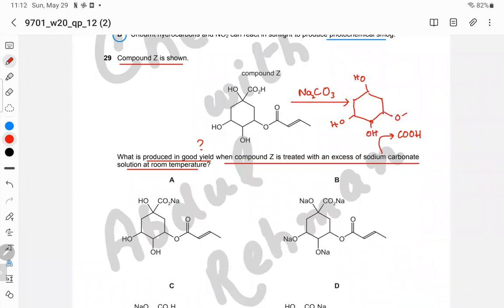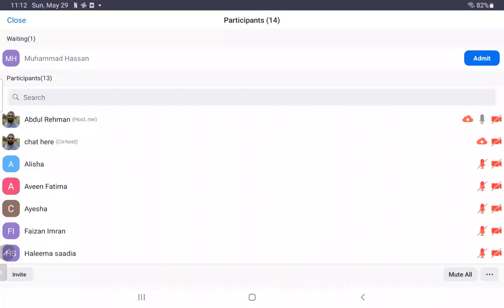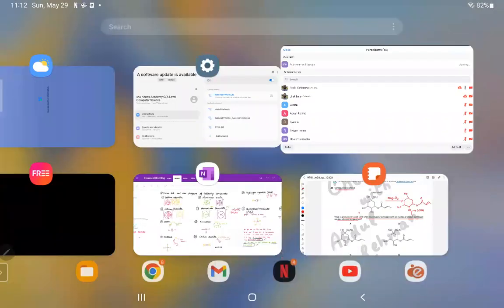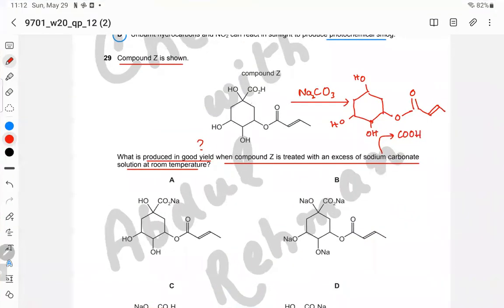Then we have an O over here, then C double bond O, which means it's an ester. Then double bond. And then this. Okay. And here we have a carboxylic acid. So the H of carboxylic acid was replaced by Na, and we got this product.